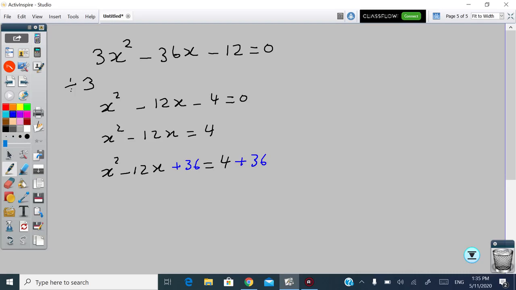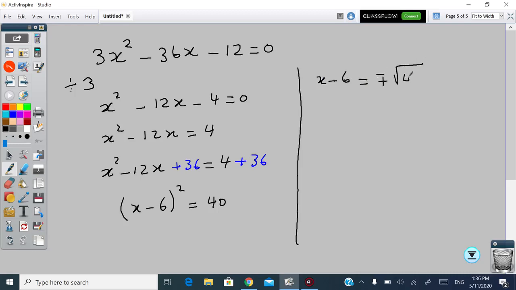So the left hand side becomes, as a perfect square, the root of the first, the sign of the second term and the root of the third, all squared, equals 40. Taking the square root of both sides gives us x minus 6 is equal to plus or minus root 40.